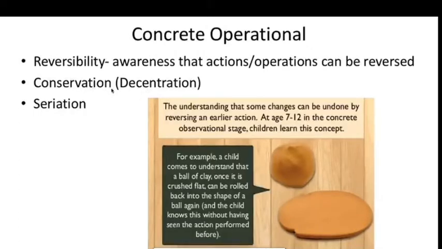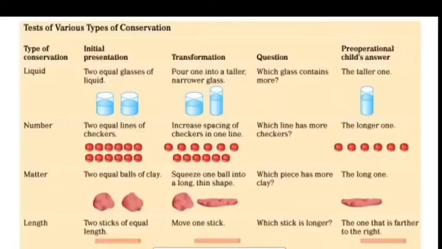Now, kanina, pinag-usapan natin sa pre-operational stage na yung bata ay may centration. Nakafocus lang siya sa isang aspect, isang part ng isang bagay. When the child reaches the concrete operational stage, ay meron na siyang conservation. Alam na niya na pag meron kang 2 baso, for example, and you pour the contents of one of these into a taller, narrower glass, pareho pa rin yung amount nila. The child in this case will not say that the taller, narrower glass has more water in it.